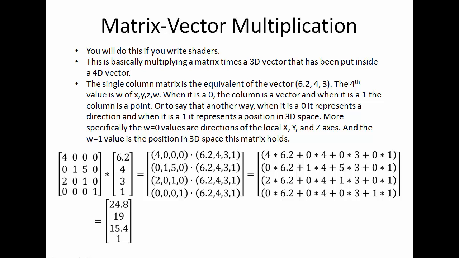So we take that position in 3D space, and the position is actually the position where the vertex was positioned in the modeling program, and the world matrix describes where it's actually placed in the 3D world.